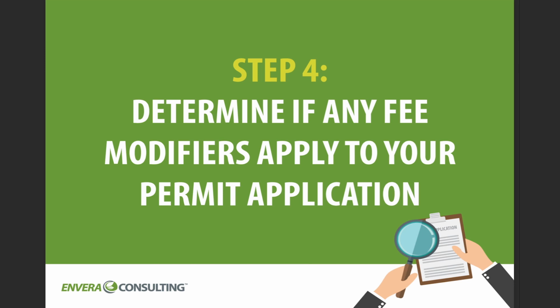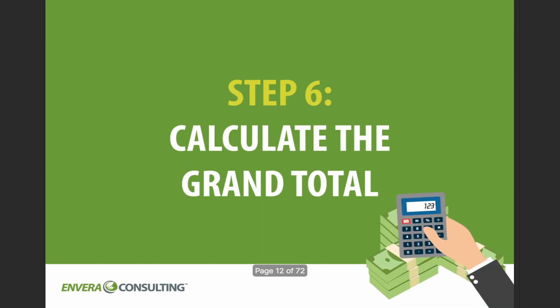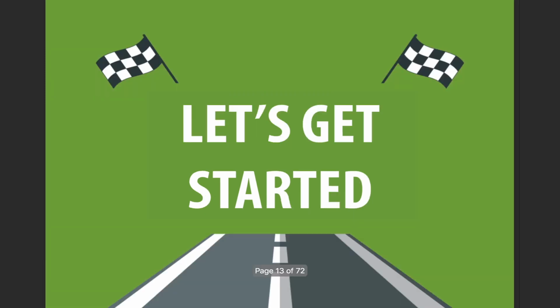Number 4 is to determine if there are any fee modifiers that apply to your piece of equipment. Number 5 is to determine if there are any facility permit fees due in order to process your permit application. And then number 6 is to simply calculate the grand total, which would be the sum of the steps that we just discussed. Those are the 6 steps that we're going to walk through within this lesson. Let's get started.